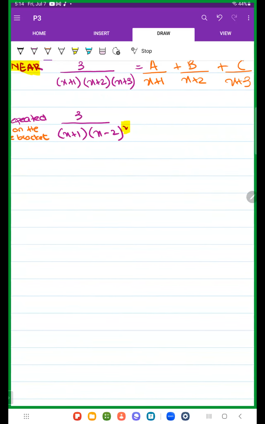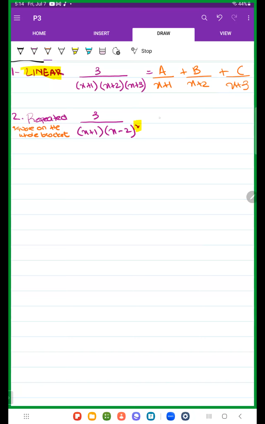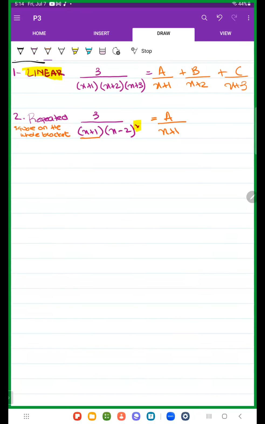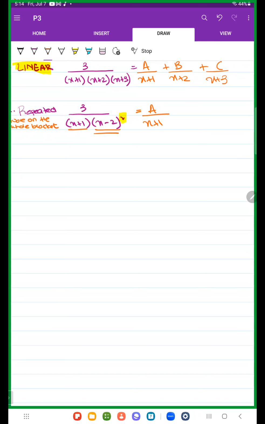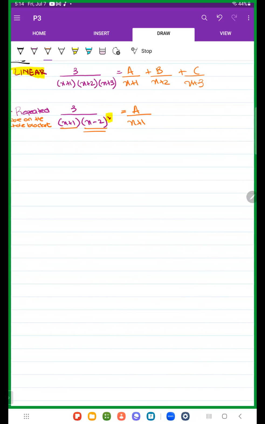For this kind of question, you will have to give an answer in the form a upon x plus 1. Now the repeated bracket will be opened like b upon x minus 2.